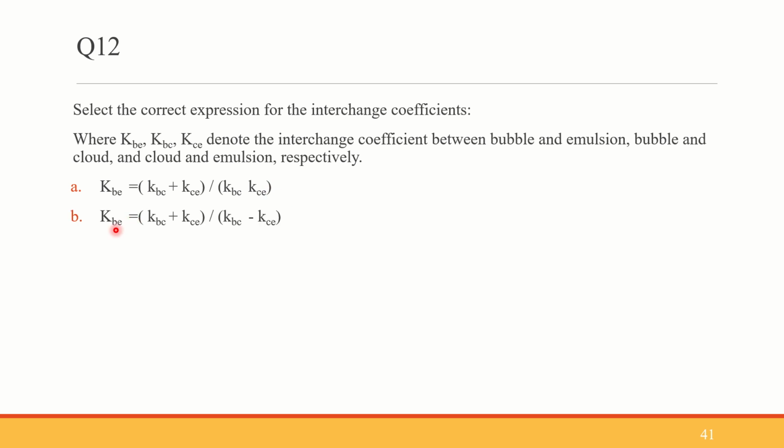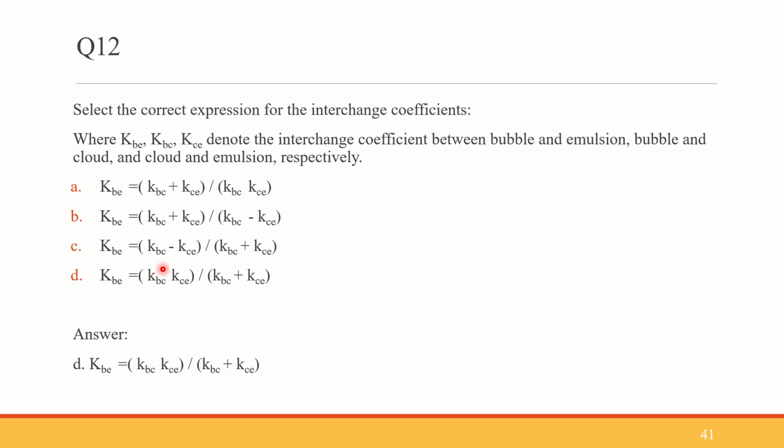Option B, KBE is equal to KBC plus KCE divided by KBC minus KCE. Option C, KBE is equal to KBC minus KCE divided by KBC plus KCE. Option D, KBE is equal to KBC into KCE divided by KBC plus KCE. So the right answer is option D.